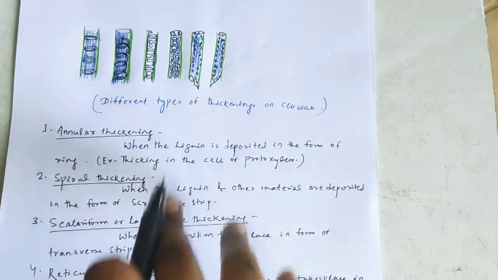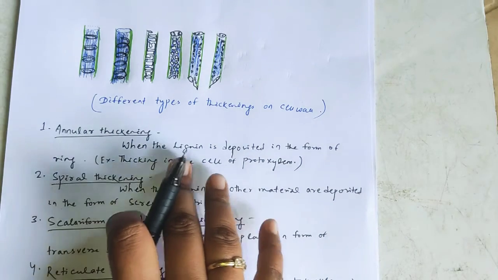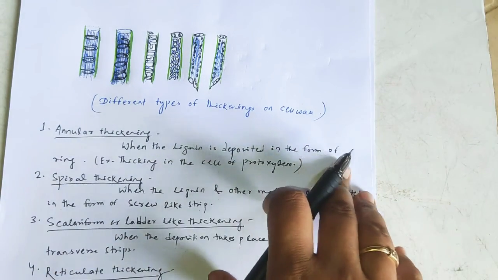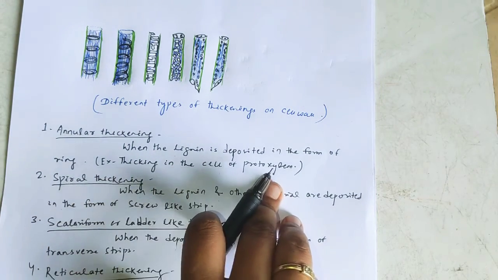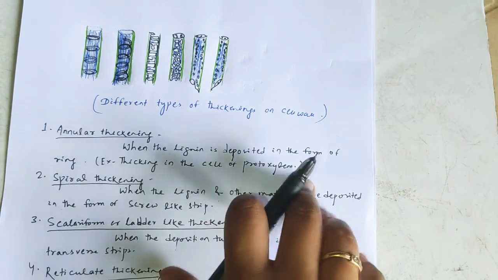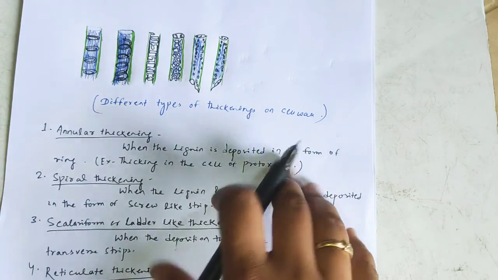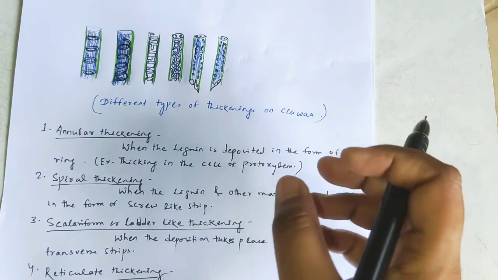So here you can see the annular thickening, when the lignin is deposited in the form of rings. This thickening occurs in the cells of protoxylem. Proto means the primary, first xylem.